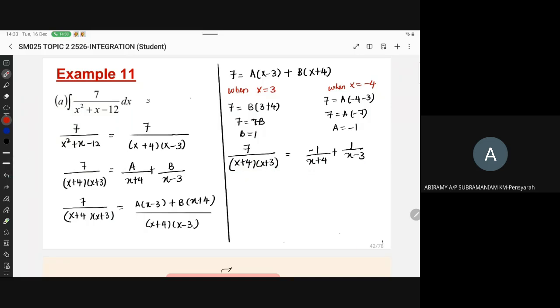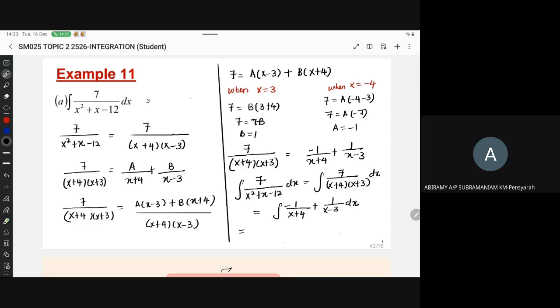Now, the question that we want to answer is the integral of 7 over x squared plus x minus 12 dx, which is the same as the integral of 7 over (x plus 4)(x minus 3) dx, which is the same as integrating negative 1 over (x plus 4) plus 1 over (x minus 3) dx.